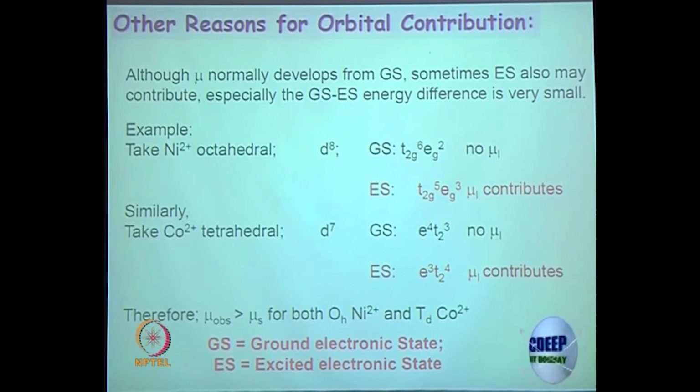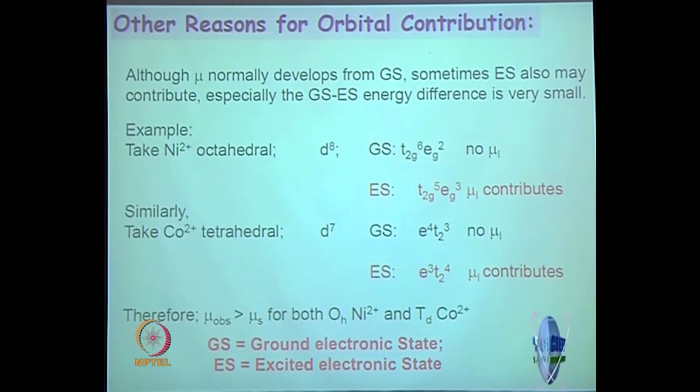But still, if you can excite t2g6 eg1 to t2g5 eg2, promoting one electron from the t2g level to the eg level, then you can induce orbital angular momentum. That is where we are saying that the excited state can sometimes also contribute. This excited state contribution will not be as high as the ground state contribution.